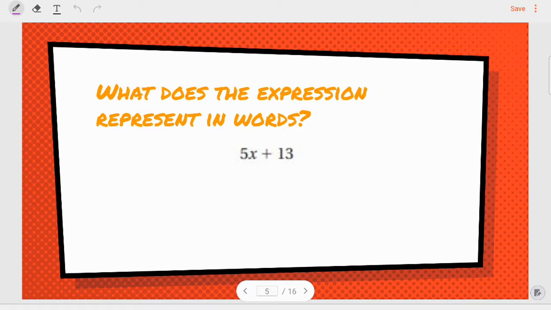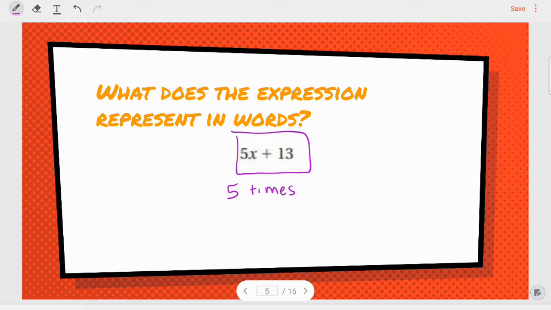Continuing. What does the expression represent in words? So if I'm looking at this 5x plus 13, what does that mean? Like, what's going on there? And it's really important to understand this so that as we are evaluating harder expressions, we can simplify them correctly. This means in words 5 times.